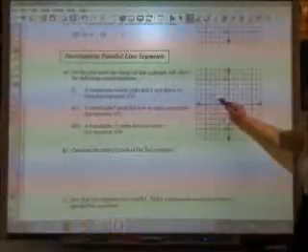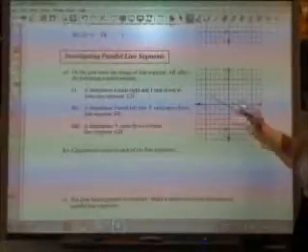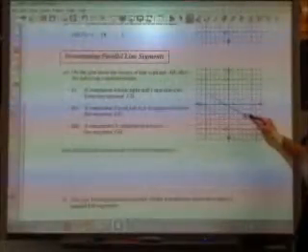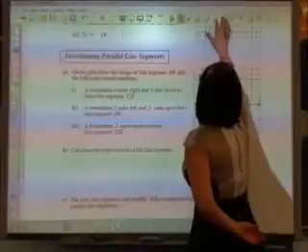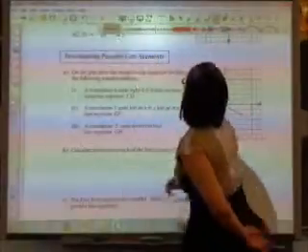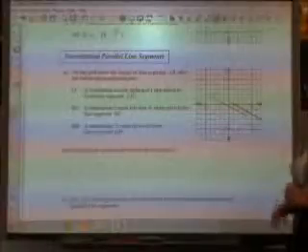So I go 1, 2, 3, 4 to the right and 1 down. The same thing with B. 1, 2, 3, 4 and 1 down. Connect the 2 points. And there's my line segment CD.